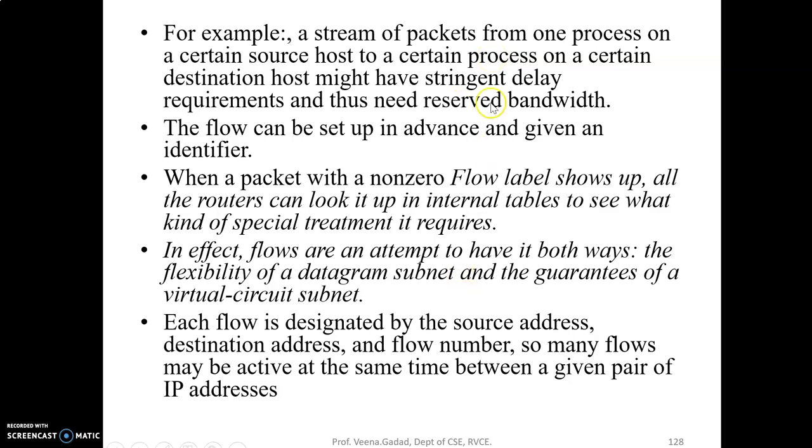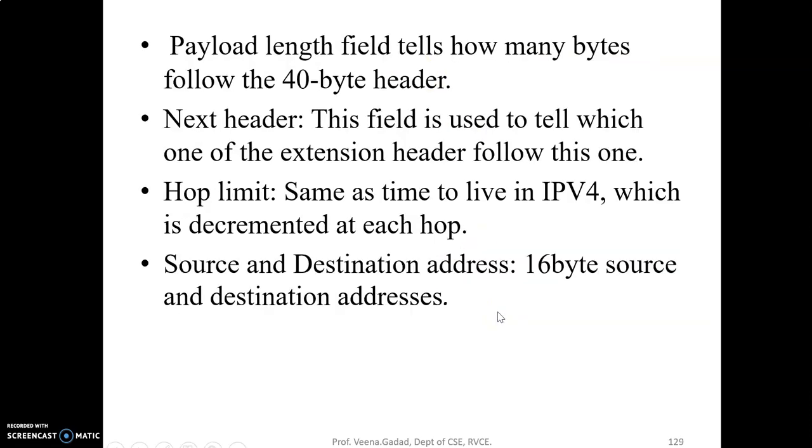Payload length is how many bytes follow the 40 byte header. The next header field tells which extension header is to follow. Hop limit is as we had it in IPv4. The source and destination addresses are 16 byte addresses.